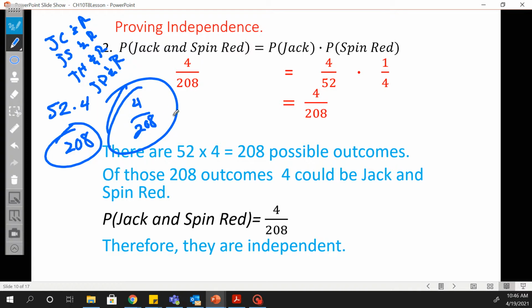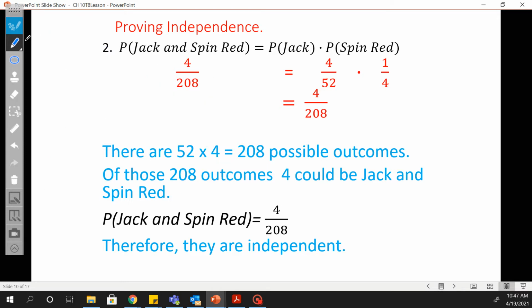All we need to do is show that that is equal to the probability of jack times the probability of red. And we already showed that. Okay, 4 over 52 times 1 over 4, which is 4 over 208. So that means that they're independent because multiplying their probabilities together is equal to the intersection of jack and red.